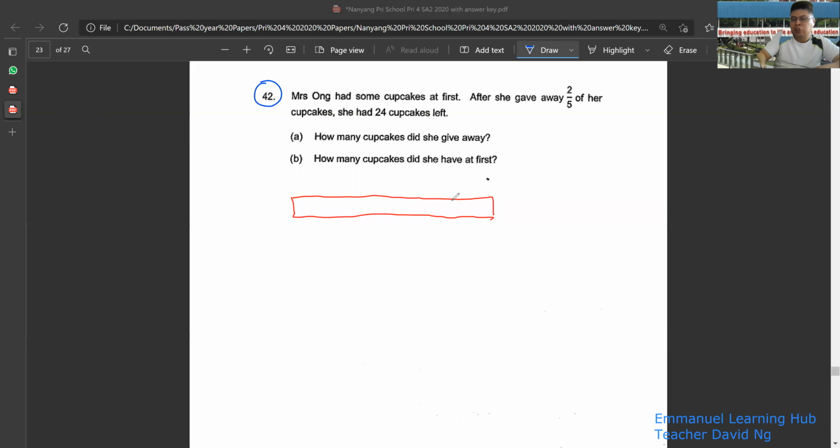Can you tell me what's the fraction she has left? She has left 24 cupcakes. Fraction. 24/5. No. She gave away 2/5. So left with?